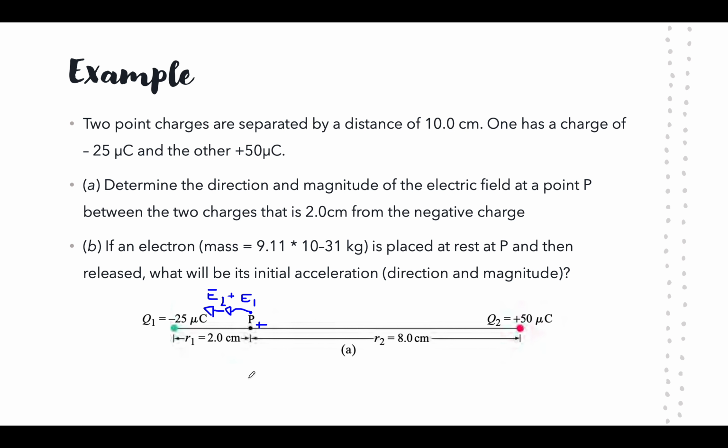Now, to find acceleration, I know that the electric field is equal to F over Q, which means that F, which is equal to ma, is also equal to EQ, which means that I know m, I know E, I know Q, and I can find acceleration, right?